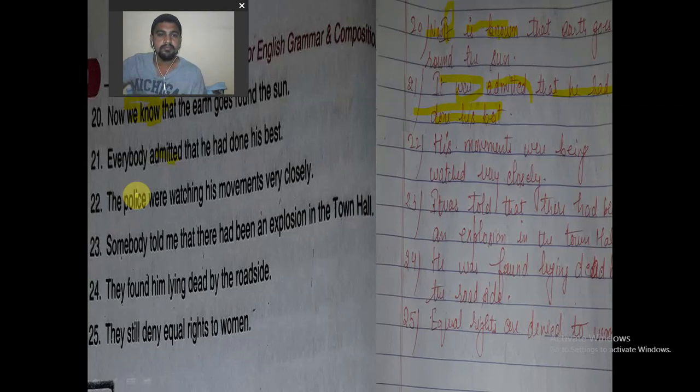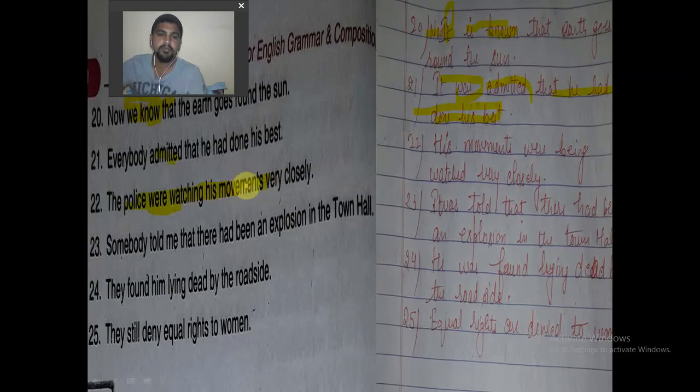Okay, then we need to see what is written here. The police were watching. Now you can see that "were watching" is used. Then past continuous tense is being used here. Were watching his movements. Were watching what? His movements.